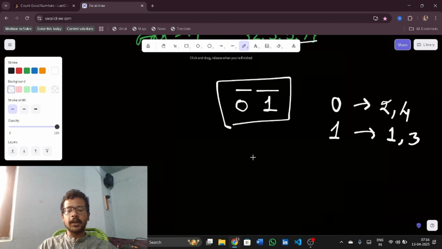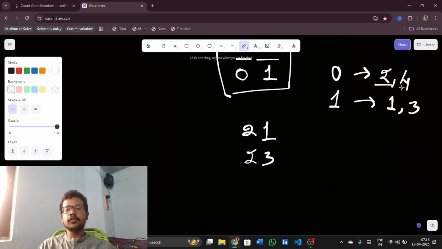At index 0 you can get 2, and then you can place 1, 2, 3, right? And then you can take 4, so from 4 we get 4 1 and 4 3. So how many possible outcomes can we get? Totally 4.